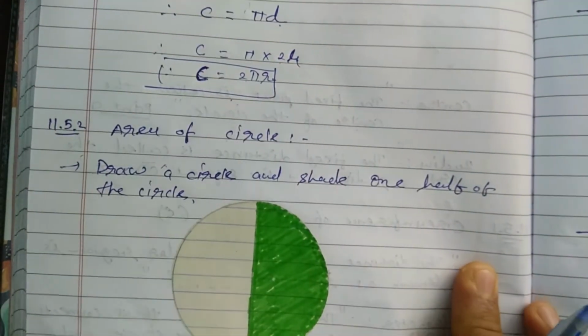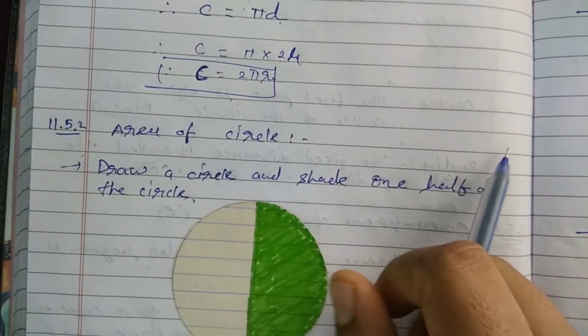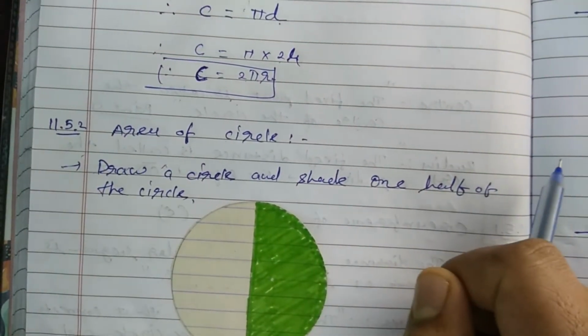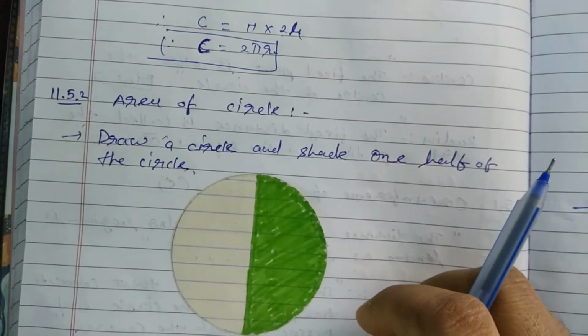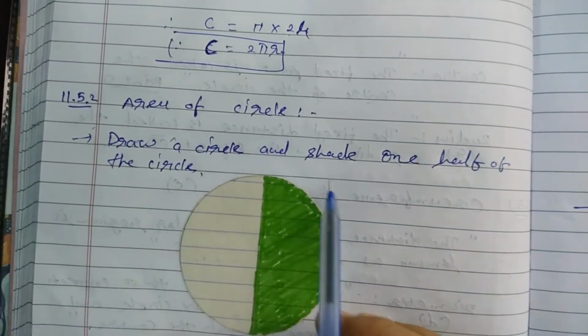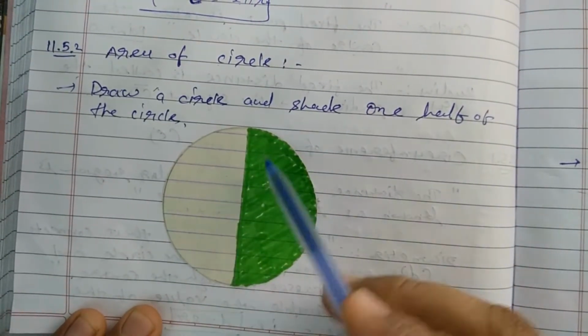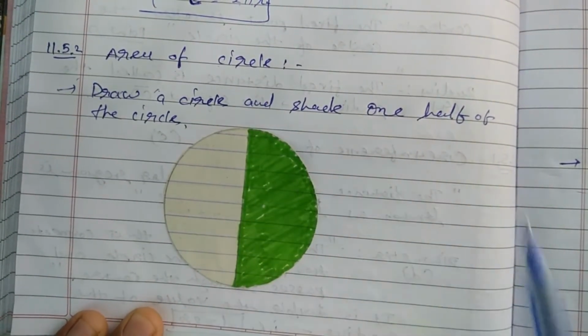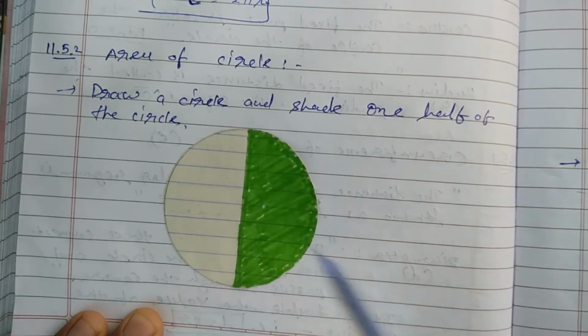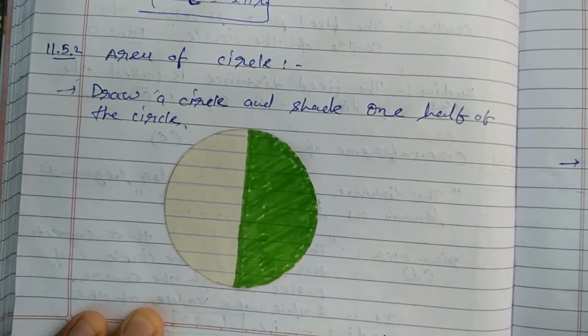Next topic, 11.5.2, area of circle. For that, what we will do is draw a circle and shade one half of the circle. Here this is a circle and we have shaded one half, that is this green part of the circle.